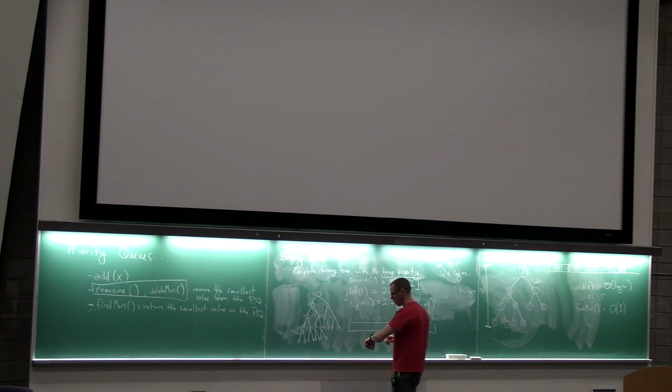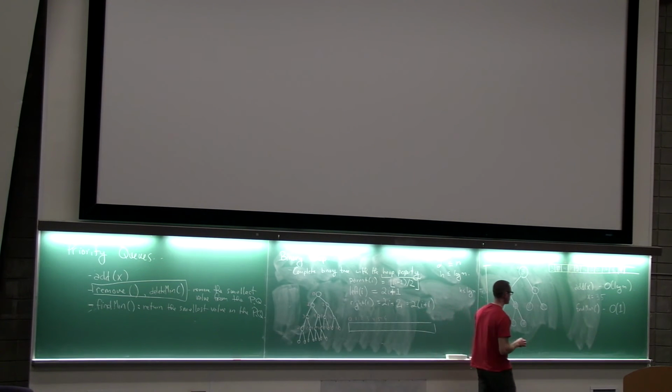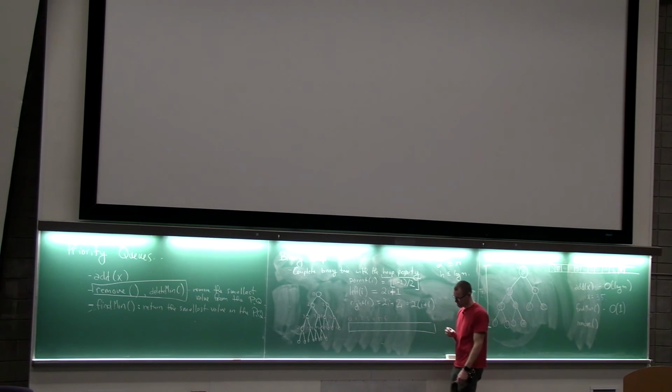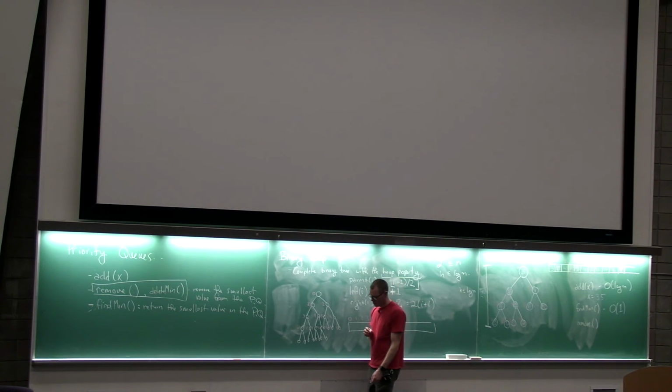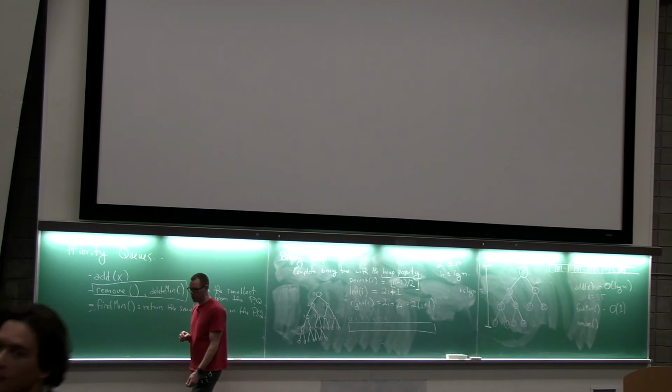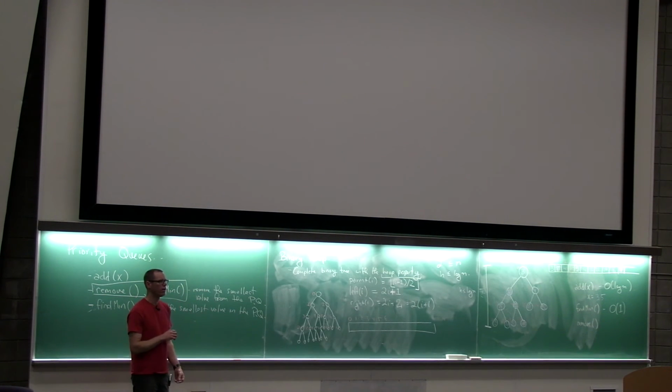And then the last thing we want to do is remove. So remove is supposed to remove the smallest value from the heap. How do we do that?